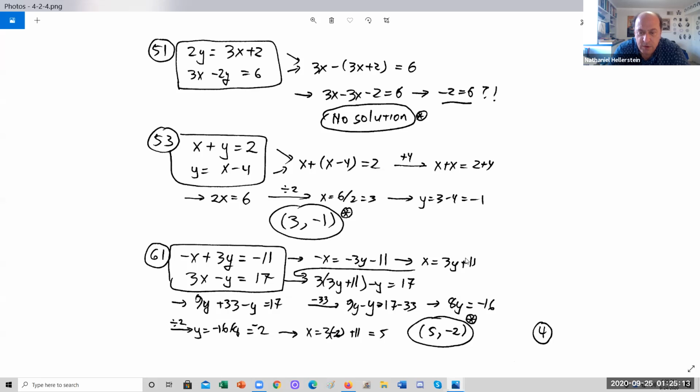Plugging in negative 2 for y here, we get x equals 3 times negative 2 plus 11. And after a little bit of work, that's 5. So the solution is 5 by negative 2.